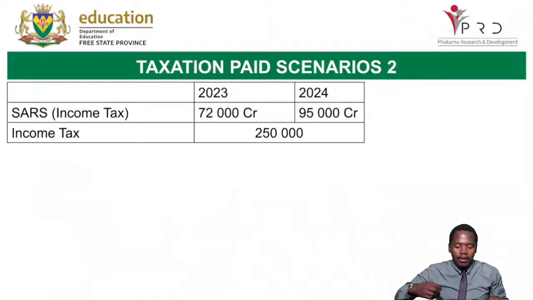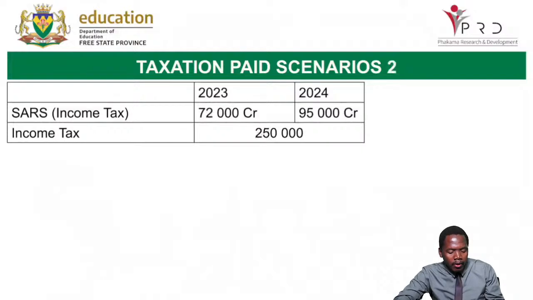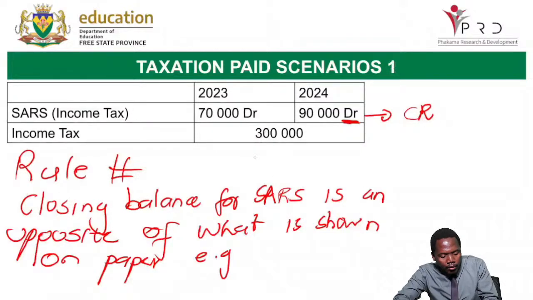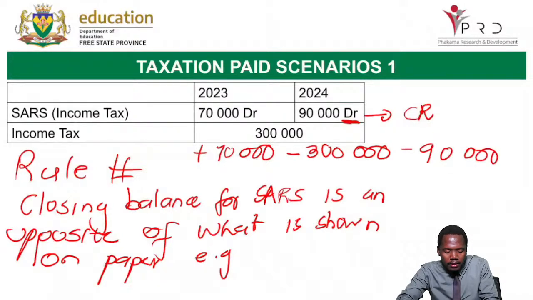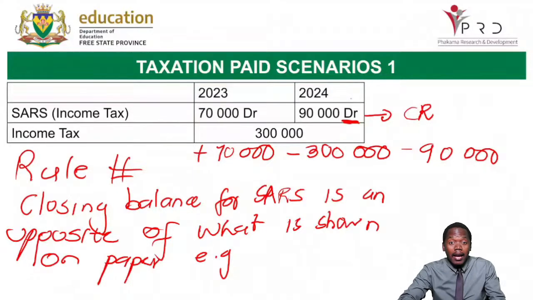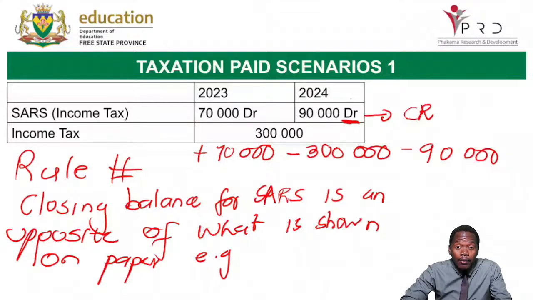Now let us look at scenario number 2. Remember on scenario number 1, what we have done, we said 70,000, which is positive, minus 300,000, because 300,000 is always minus, minus 90,000, because 90,000 was shown as a debit. When I record it down, when I do my calculation, I will show it as a credit.